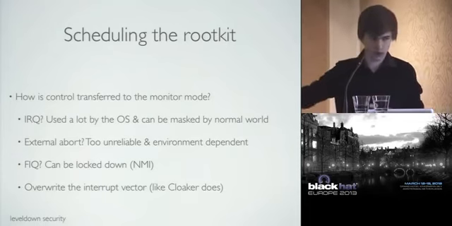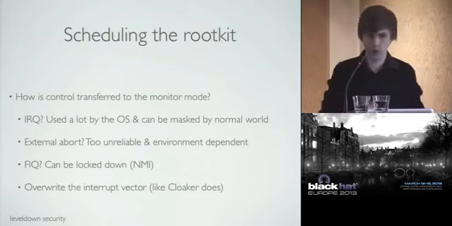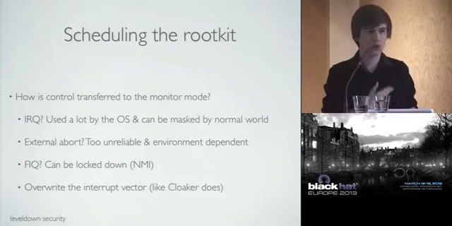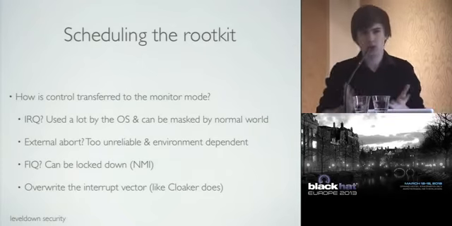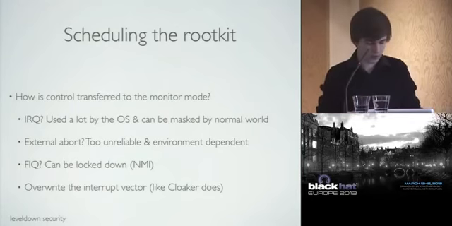Also, the external interrupt controller will use the IRQ, and they can be masked by the normal world. So the normal world can disable the execution of standard interrupts, which might be a problem because it could be a denial of service for your rootkit, because it's just not called anymore.